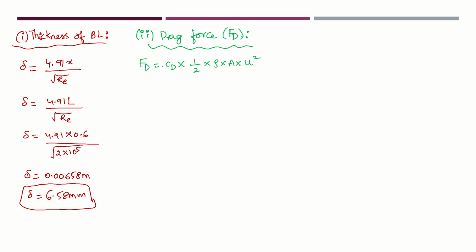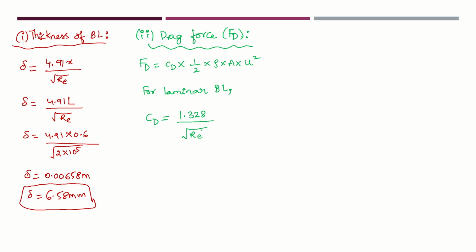But first we need to know the value of the coefficient of drag. We know that for a laminar boundary layer, because our boundary layer came out to be laminar, the Cd formula is given by, this is also discussed in the earlier video, so please check out the video for the formula, 1.328 by root Re. So this is the formula for Cd for a laminar boundary layer.